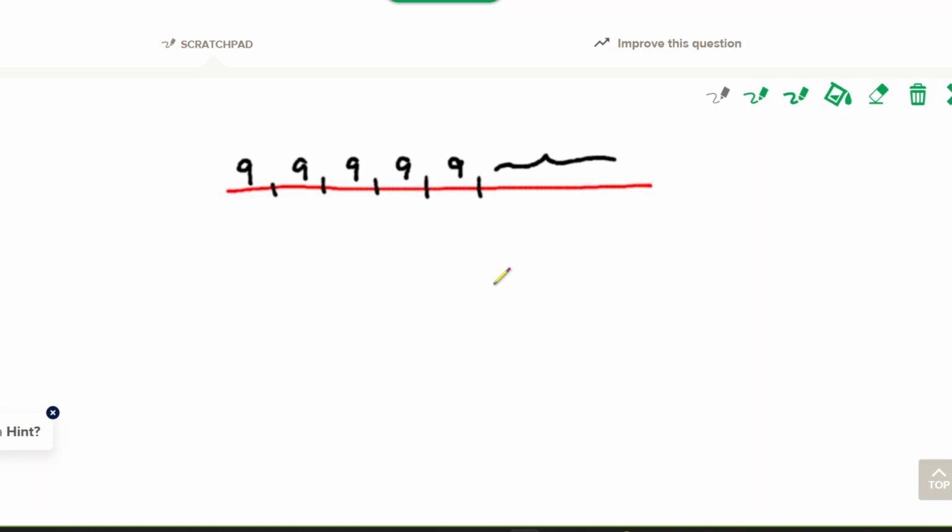And then they said with 12 meters left over. So the length of the red rope is 5 times 9 meters, right?